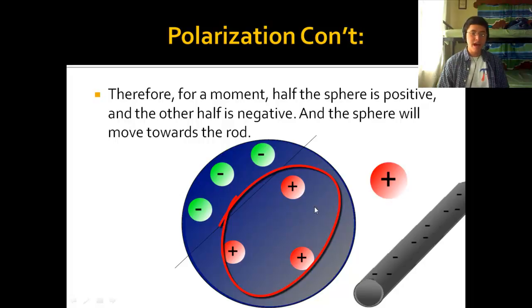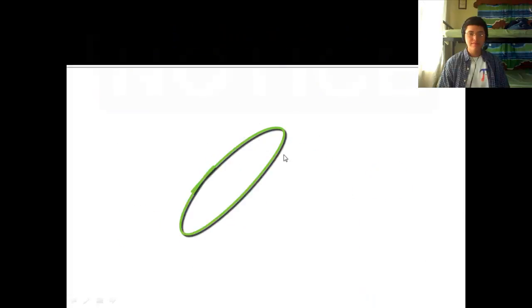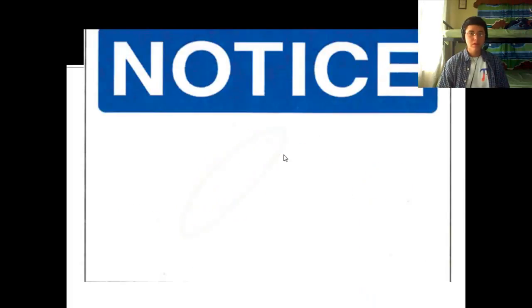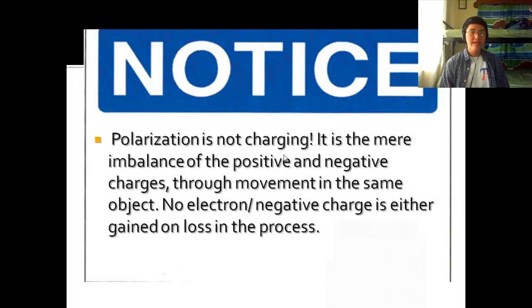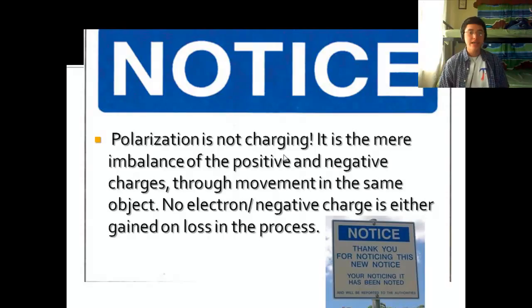Remember, this half being positive and this half being negative. Notice, polarization is not a type of charging. It is the mere imbalance of positive and negative charges through the movement in the same object. No electron, also known as negative charge, is either gained or lost in this process.